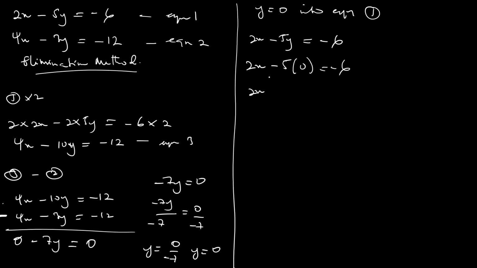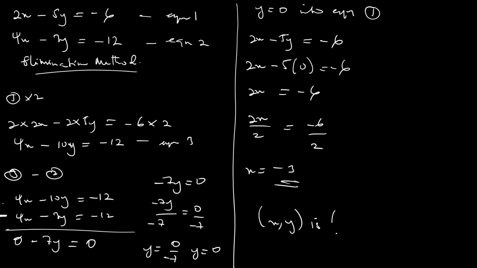So you have 2x minus 5 times 0 gives us 0. Minus 6 equals to minus 6. Then we divide both sides by 2. So you're going to have 2x over 2 equals to minus 6 over 2. Where x, if you have minus 6 divided by 2 gives us minus 3. So the value of y is 0 and the value of x is minus 3. Okay, so we can say that x and y is minus 3 and 0.